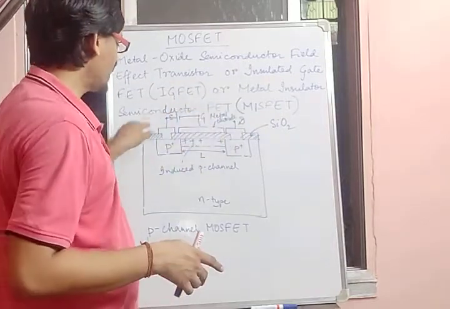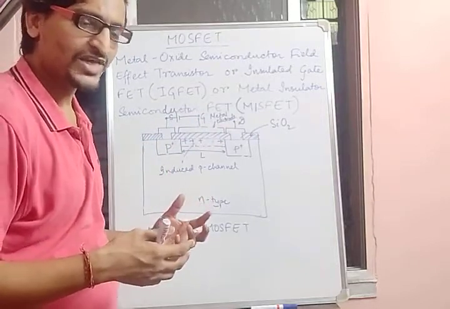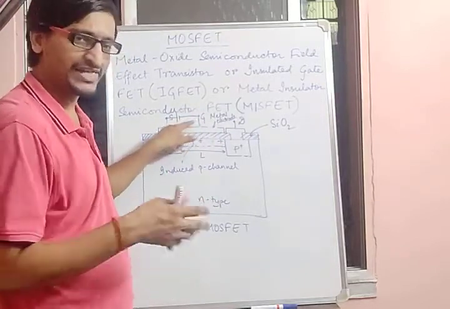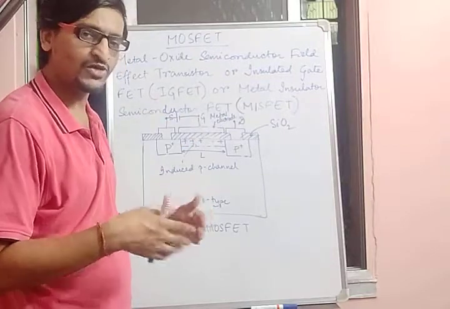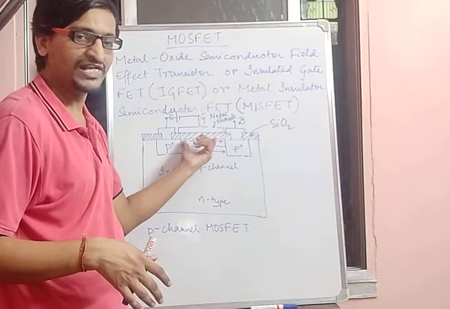As you can see, as we make this gate terminal more and more negative with respect to source, more and more holes will accumulate here.